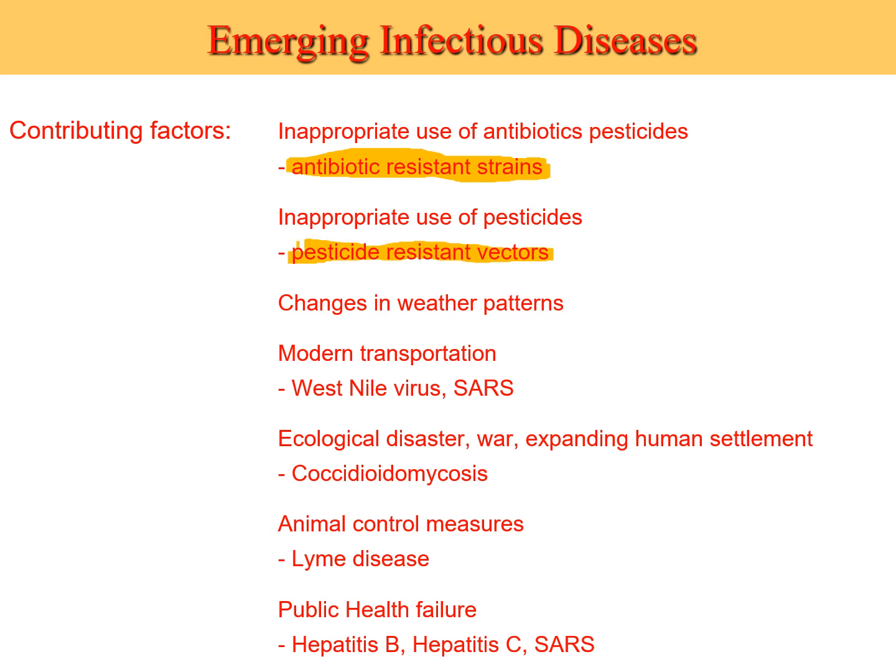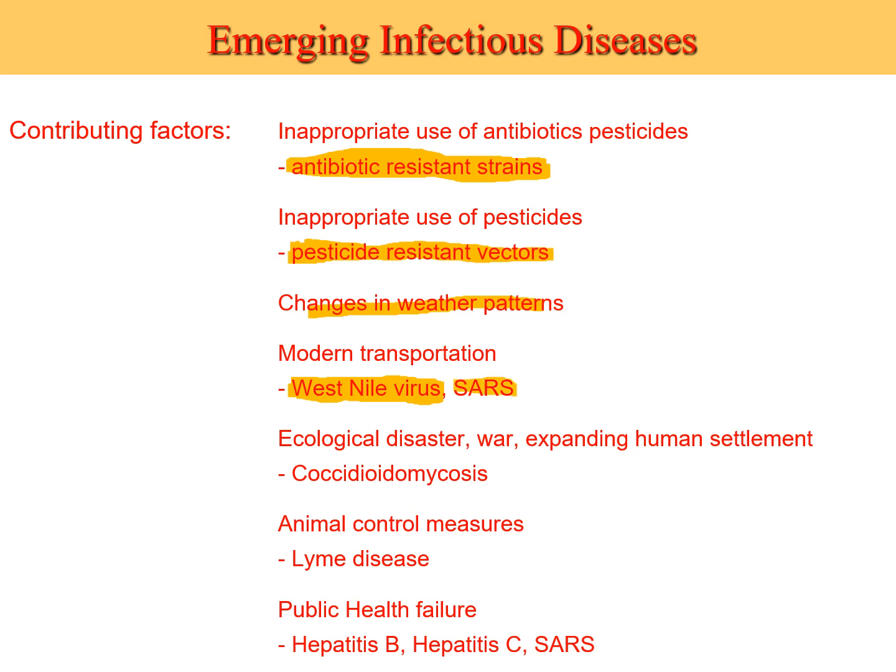That's certainly a big problem. Changes in weather pattern, climate. Transportation systems are extremely important contributing factors. West Nile virus was brought to North America probably in a ship, and probably by an infected bird in the cargo hold of a ship, and then spread from New York. Certainly was started in New York and spread from there.